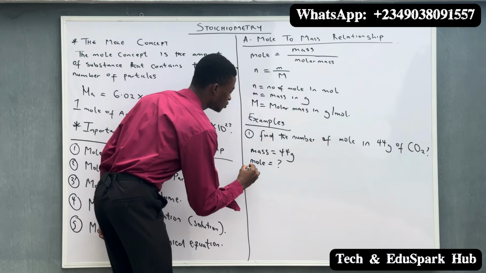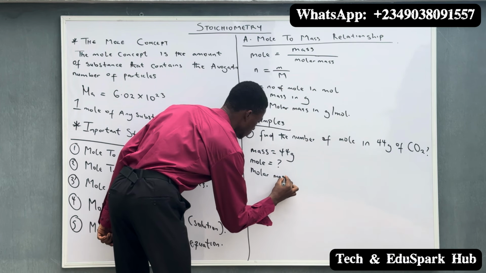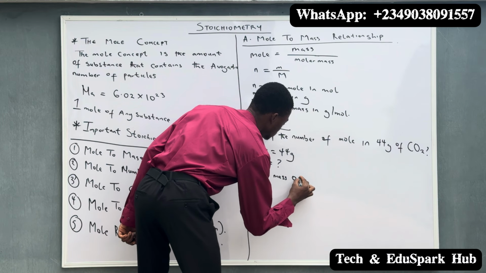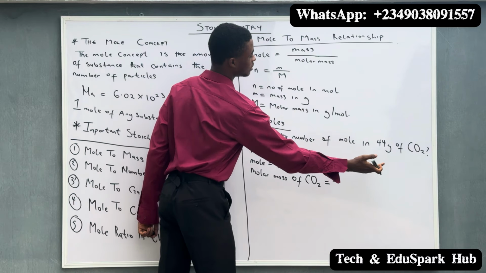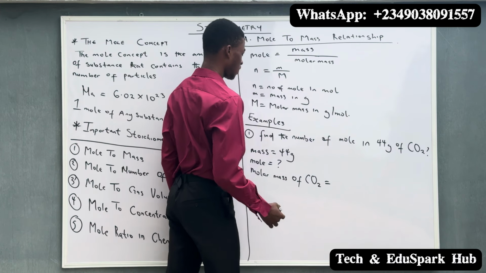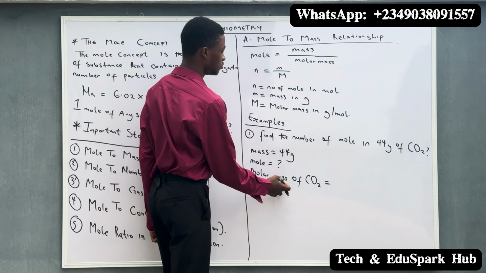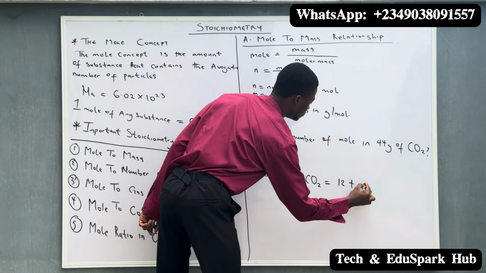The molar mass. So the molar mass of CO2, which is the compound we are trying to work with, because the question is asking us to find the number of mole of 44 gram in what? In CO2. So finding the molar mass of CO2, we know that carbon is 12, so we have 12 plus oxygen, which is 16.